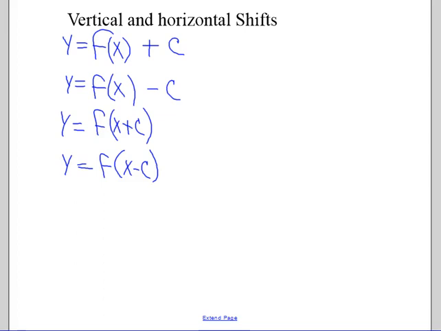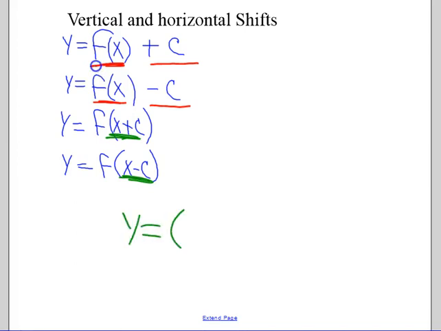There was a difference as to where the value is, as to how it affects the function. Remember, if I have a function and I put a plus c outside, or a minus a number outside, what does that do, versus what happens when you put the number on the inside of the function? The difference is something like this.